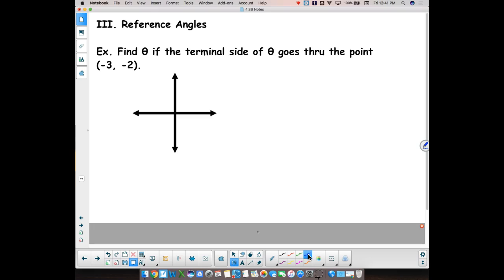So if I'm way down here at negative 3 comma negative 2, this angle here is my theta. The downfall is that in order to use SOHCAHTOA, I've got to shorten. Oops, that's a bad triangle. We'll reset that. I've got to shorten up my angle, and I would say this is angle T here.